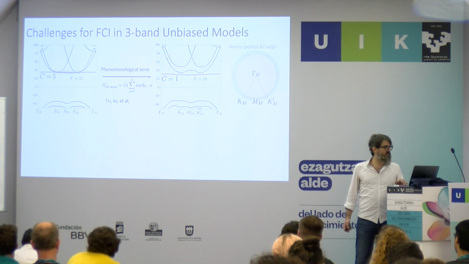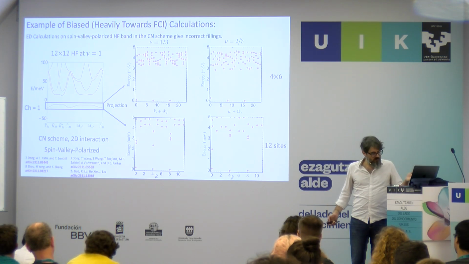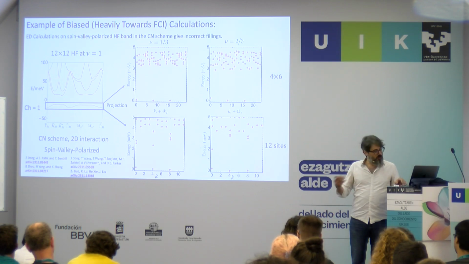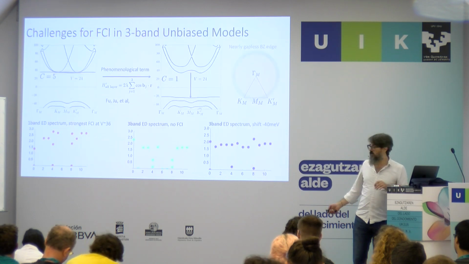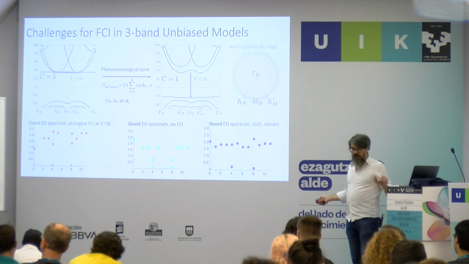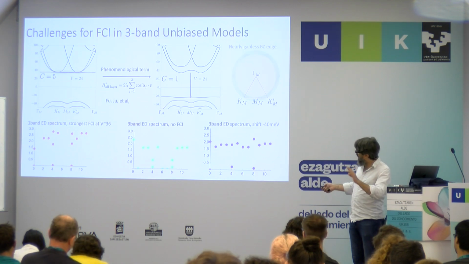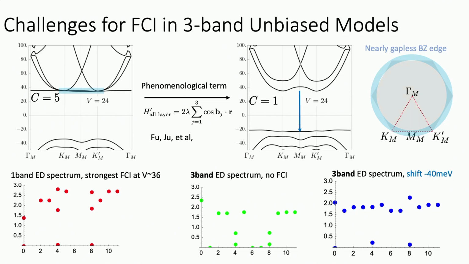The conundrum we're in is that the very simple calculations, which are projection, are controllably biasing the system towards getting FCI, and hence controllably unreliable. The other problem is that doing calculations with unrestricted diagonalization of 3 bands, the minimum number of bands you have to take is 3.